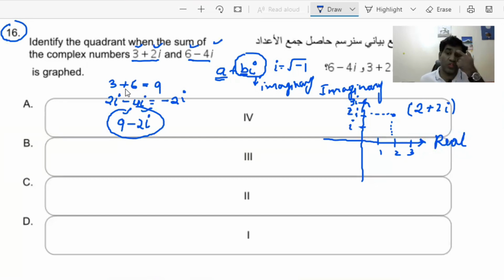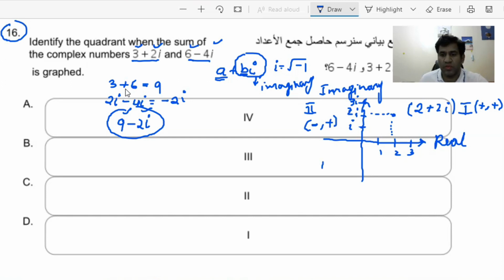In which quadrant is the real number positive and the imaginary number negative? That belongs to quadrant 4. The first quadrant is where the real and imaginary numbers are both positive. The second quadrant is where the real number is negative and the imaginary number is positive.